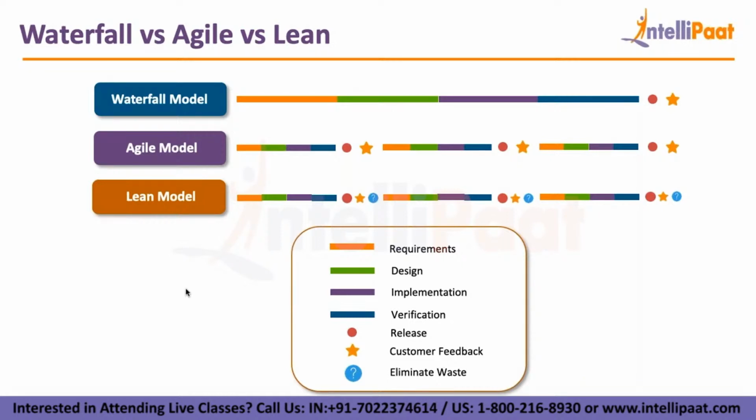Lean methodology has no difference with respect to how agile used to work, but the only difference being that in this you had consciously thought about not wasting time, because we want to develop our software as fast as possible and with the highest quality. Okay. So guys, this was the waterfall, agile, and lean methodology.